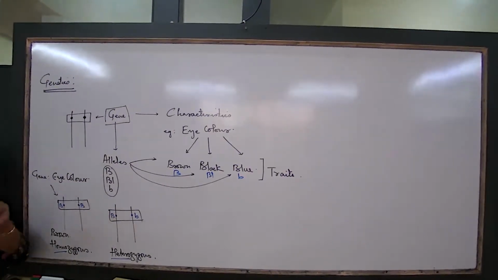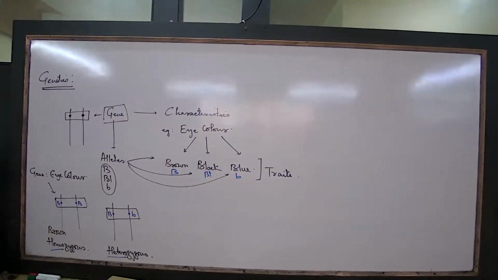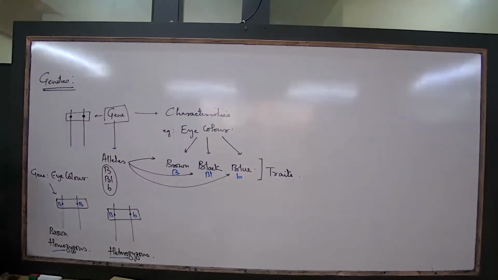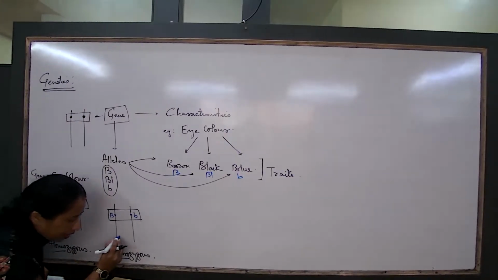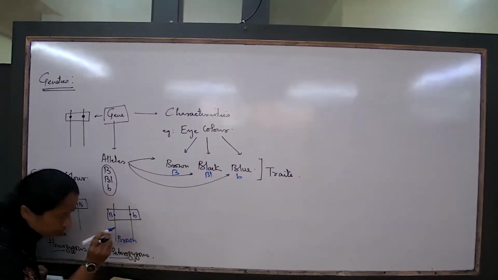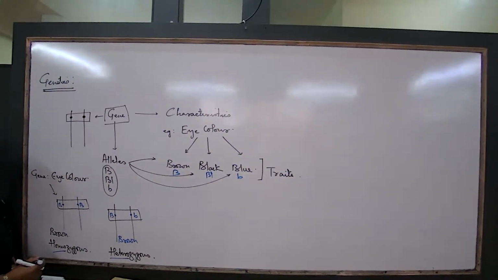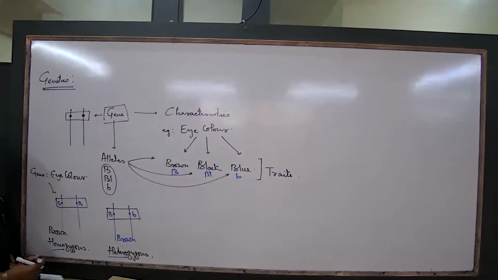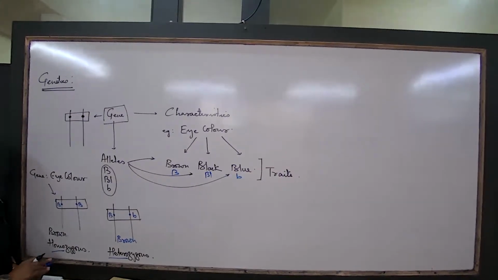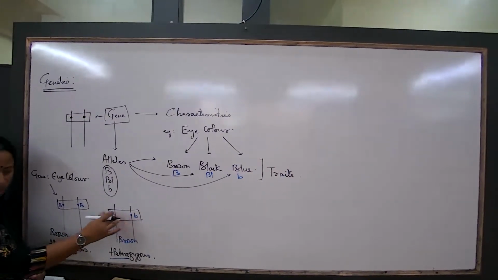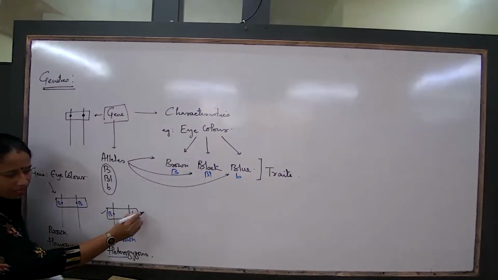Homogeneous, same alleles; heterogeneous, different alleles. But then what is the eye color of this individual now? The eye color of this individual is still found to be brown. Why is this allele not expressing? Yes, quite a number of times we get to see when alleles are in a heterozygous condition, one expresses, the other does not.